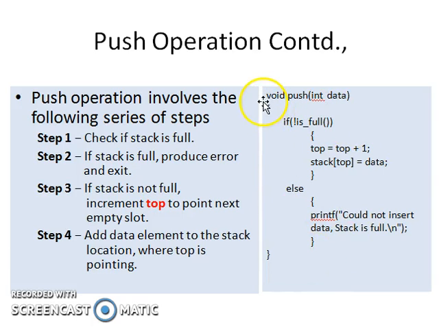Since push is not expected to return any value, the return type of push is void, and since push inserts a data element into the stack, push takes an argument whose data type matches the data type of elements in the stack. In this example, we are considering that the stack elements are of type int. So here we are checking if the stack is full or not by using the isFull function.